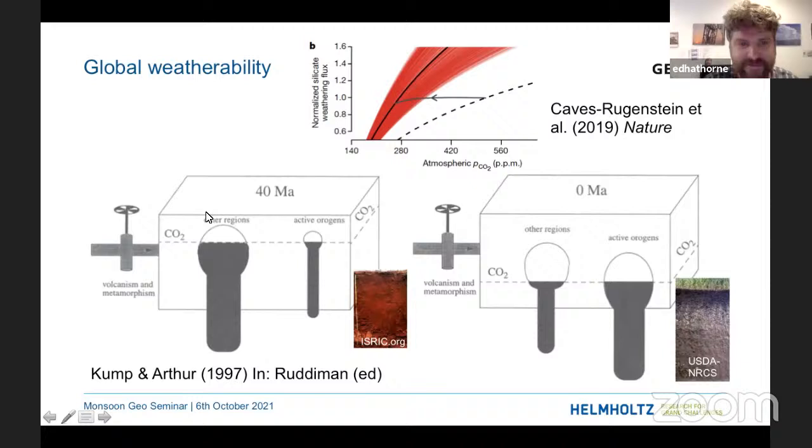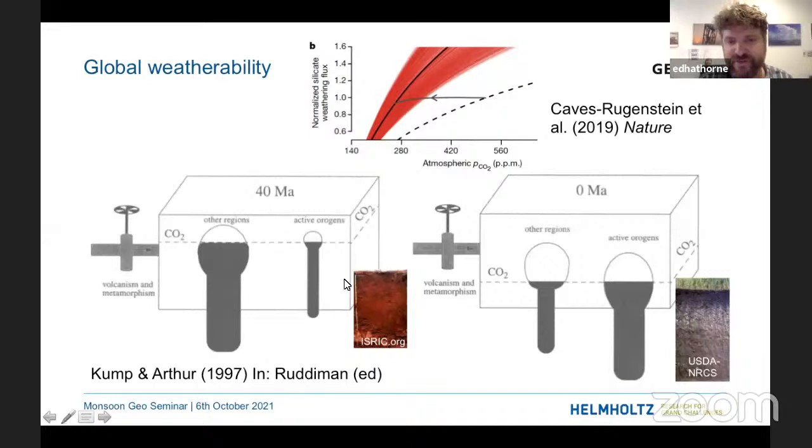This is supposed to be bathtubs, and here's the tap coming in, and this is the drain. There are two drains: there's active orogens and there's other regions. They've illustrated this effect: if you change the amount of active orogens, you can have a lower equilibrium CO2 at the same outgassing.